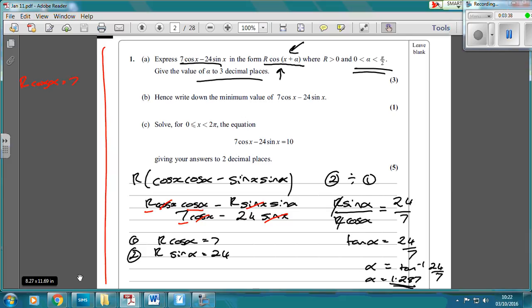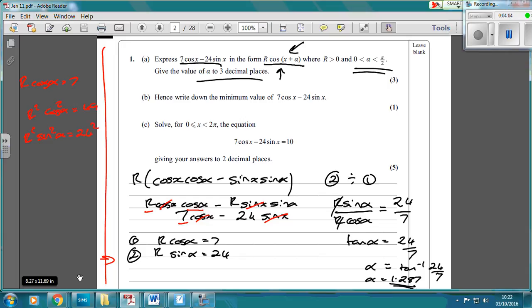If we square both sides, that's going to be r squared cos squared alpha equals 49. If we do the same for number 2, r squared sin squared alpha equals 24 squared.